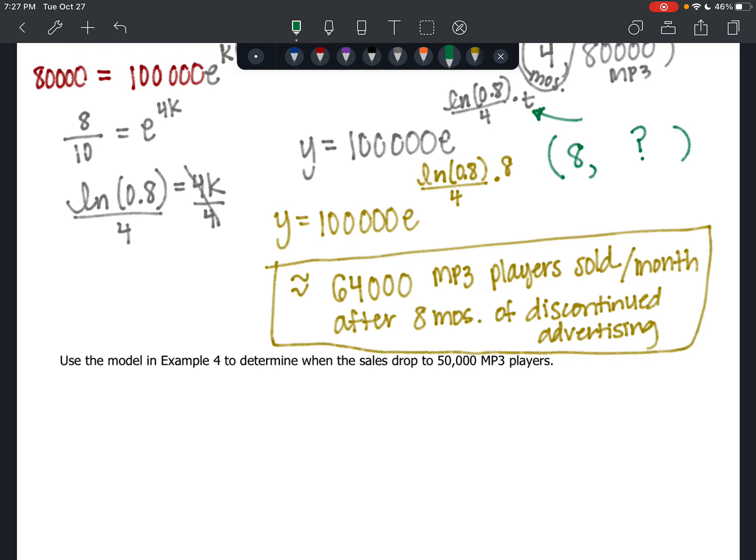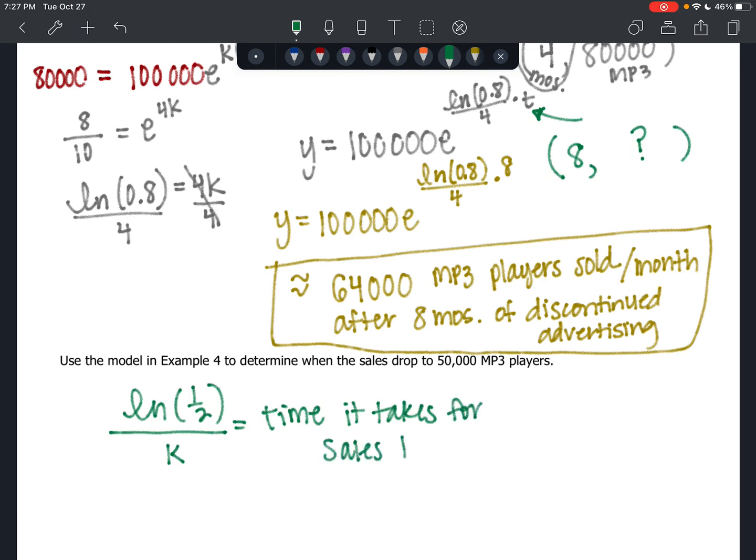If you're ready to check your answer, you should have in your work the natural log of 1/2 divided by k is equal to time. And that time is the time that it takes for sales to decline from 100,000 to 50,000, which is half the amount you started with.